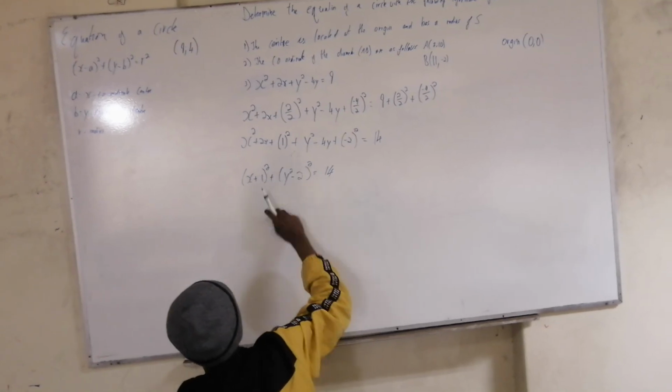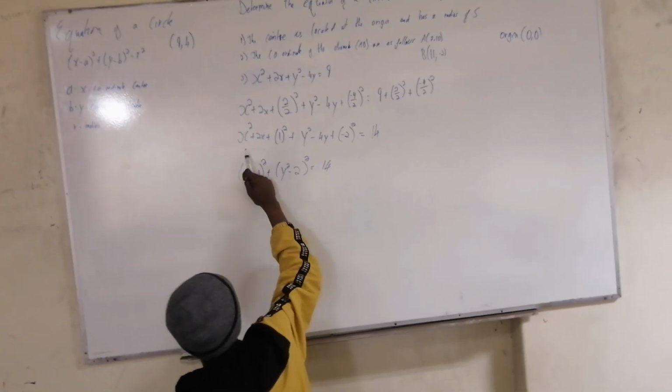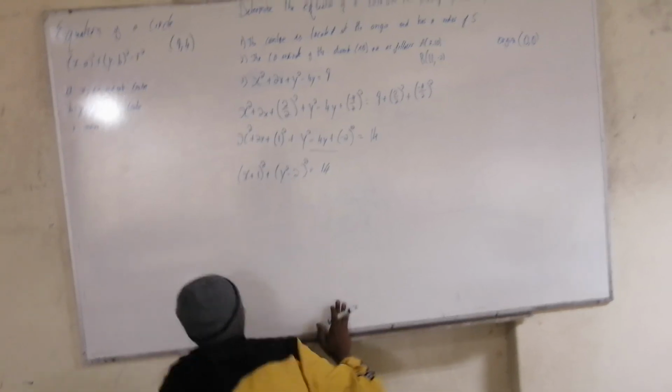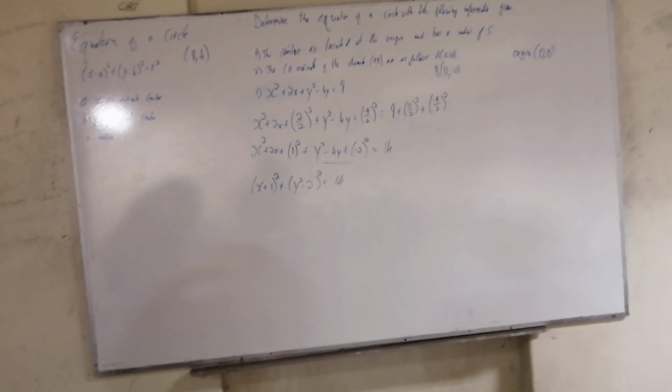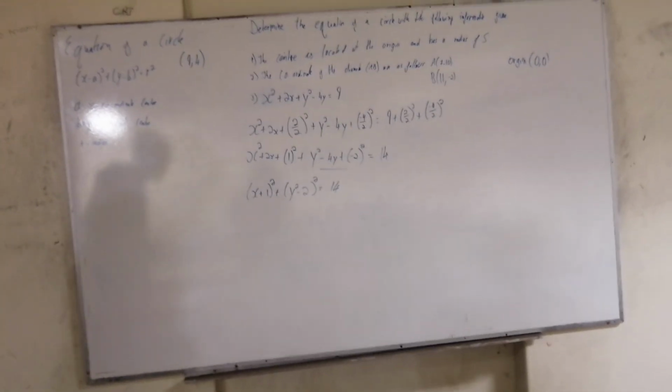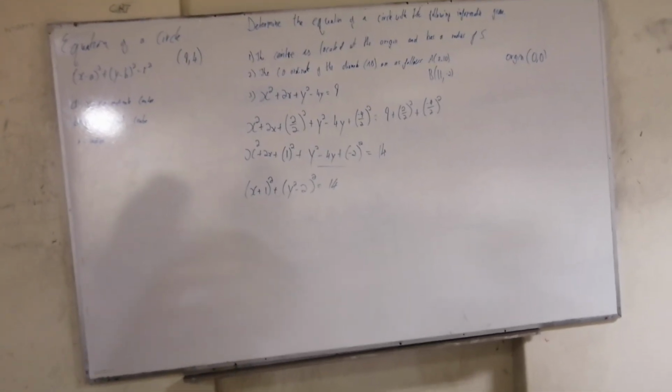The reason I left the squares is because you can be able to see that it is factorizable. Let me check it here. Yes.